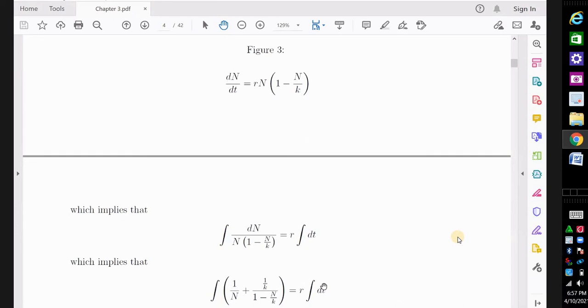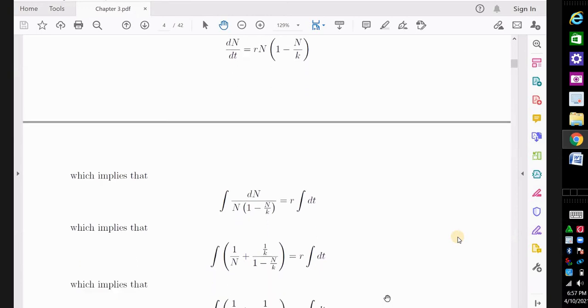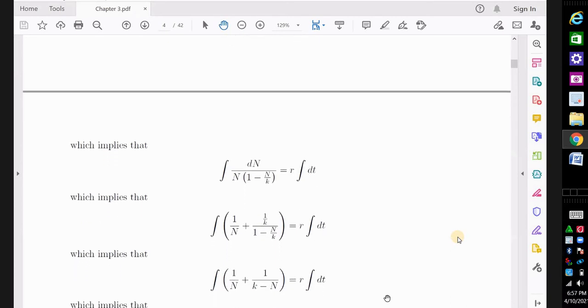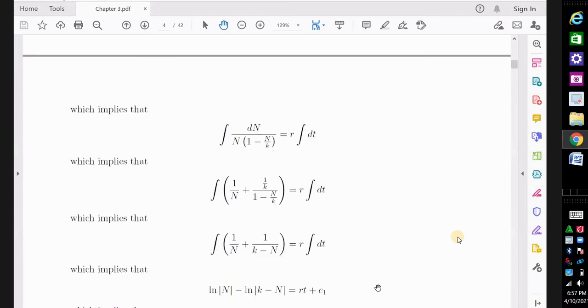Now using partial fractions, this can be expressed as the integral of 1 over n plus 1 over k minus n dn is equal to r integral dt. So just integrating, this is log of n minus log of k minus n is equal to rt plus some arbitrary constant c1.